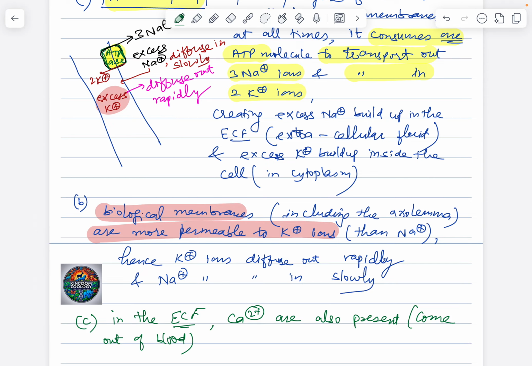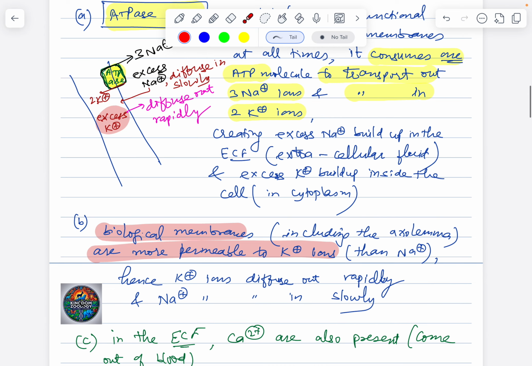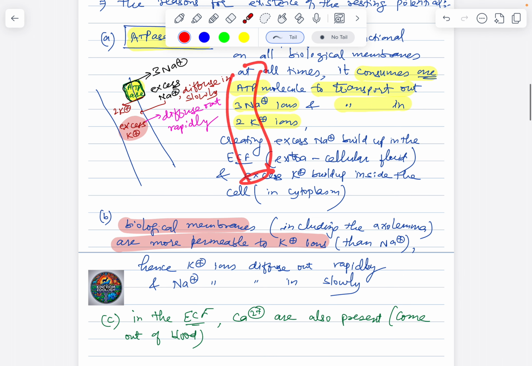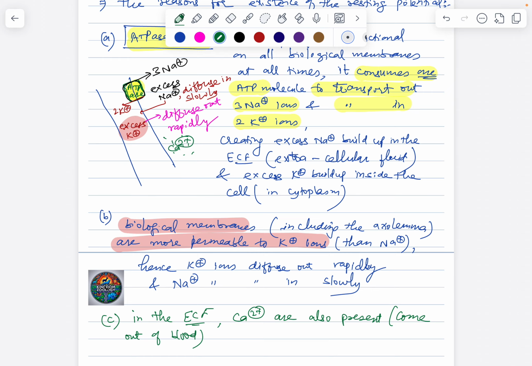So let's say this is your axon. There's a blood vessel maybe over here going nearby. What escapes out of the blood vessel is calcium ions, and those calcium ions come here. Calcium ions are there in the ECF. Who is the source of calcium ions in the ECF? Blood.